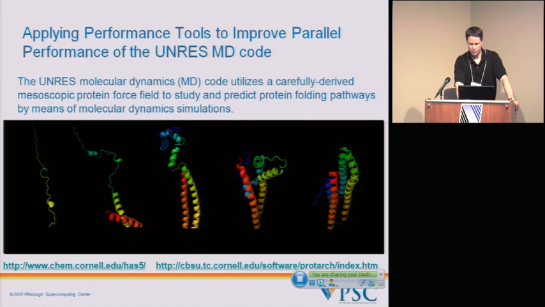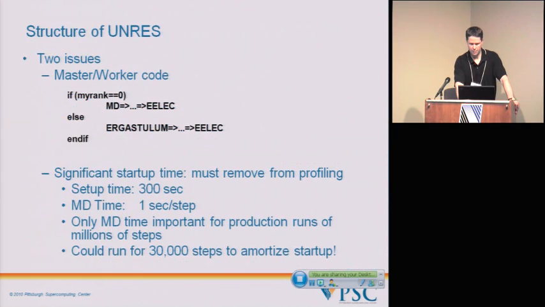And so this code, a couple of issues that will come up as we look at the performance of this code, is that it's using a master-worker type of paradigm. So process 0 executes along one path, and everything else executes along another path.